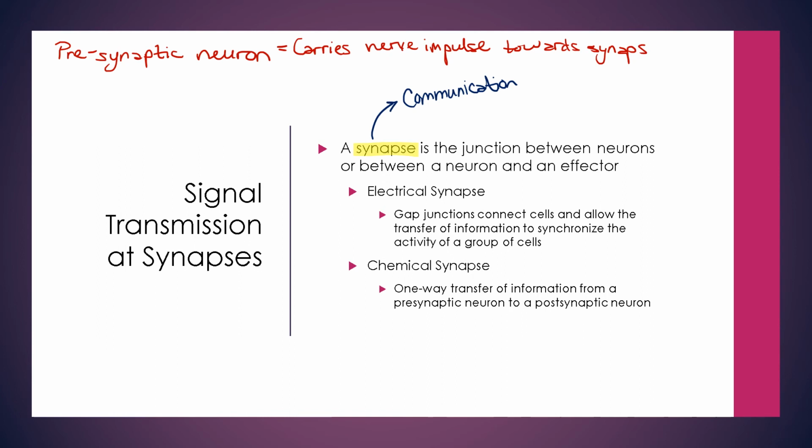Then we also have the postsynaptic neuron. And these are the cells that receive the signal, and then they carry the nerve impulse away from the synapse.